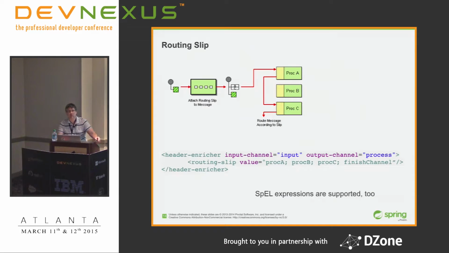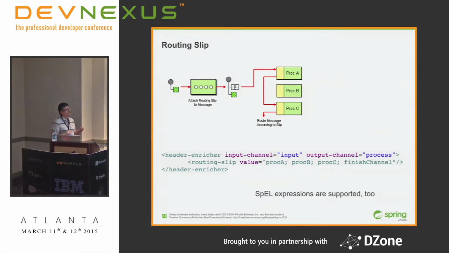Previously, if you wanted to send a message from processor A, B, and C, you had to connect them through input and output channels, which is great. But sometimes you want the route that a message takes across the different services to be dynamic, to be decided at runtime.